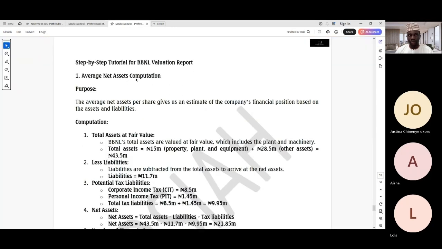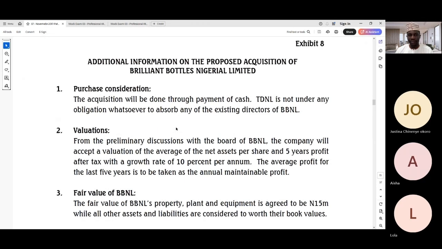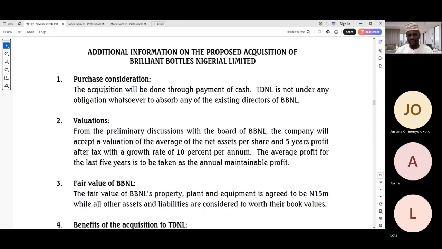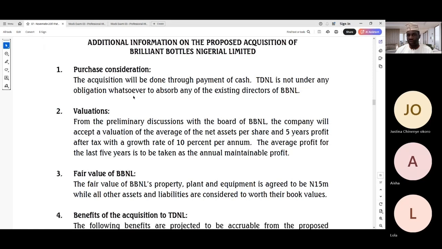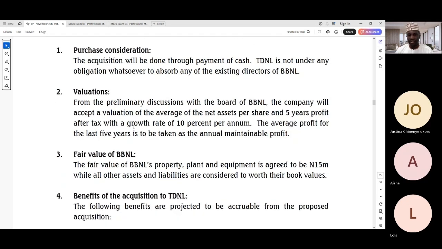So the first thing we have to do is, based on this information provided for us, they said the purchase consideration will be done through payment of cash. TDNL is not under any obligation whatsoever to absorb any of the existing directors of BBNL. So the valuation speaks to, from the preliminary discussions with the board of BBNL, the company will accept a valuation of the average of net assets per share first.